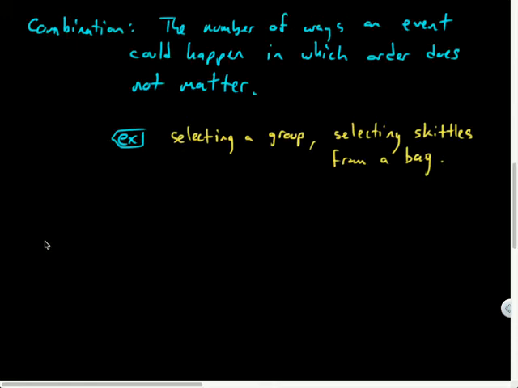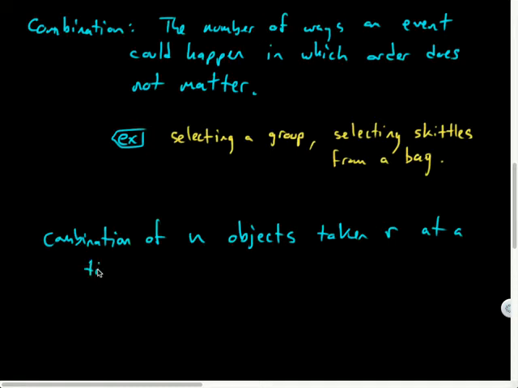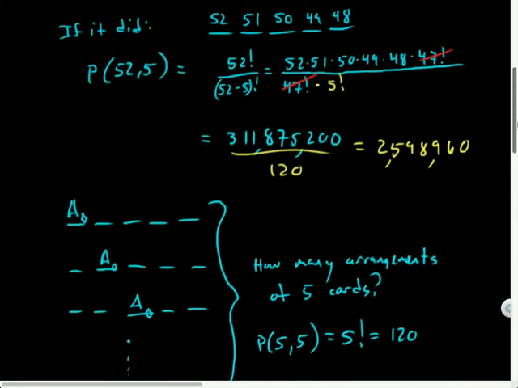So the combination of n objects taken r at a time is written as combo n comma r, and it's going to be really similar to the permutation formula.